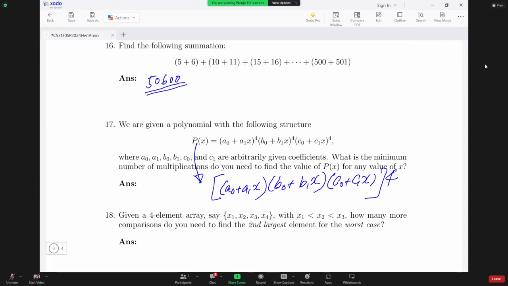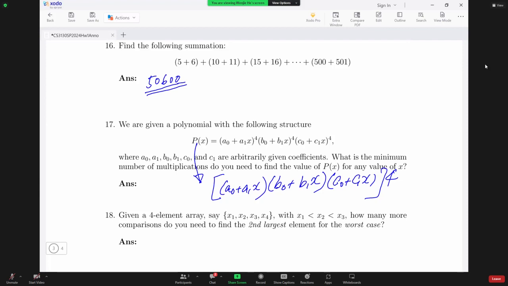That's an important step. Because in this way, you only need to do the fourth power only once, not 3 times. Only do it once.